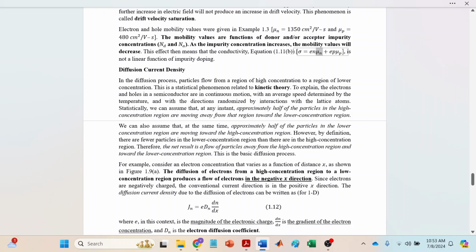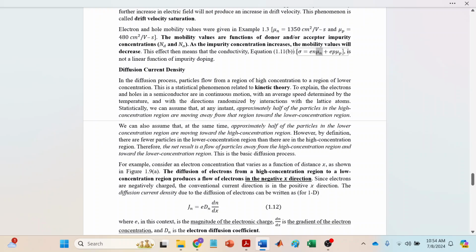This phenomenon is similar to kinetic theory. As a result of randomized interaction with the lattice atoms, half of the charged particles will move from the high concentration region toward the lower concentration region.